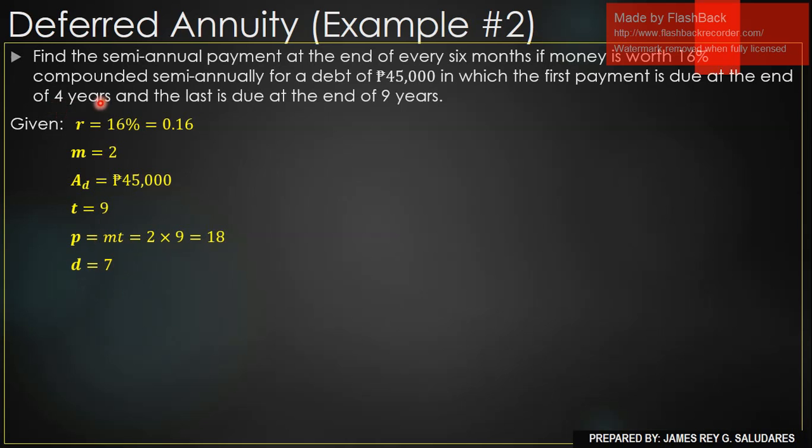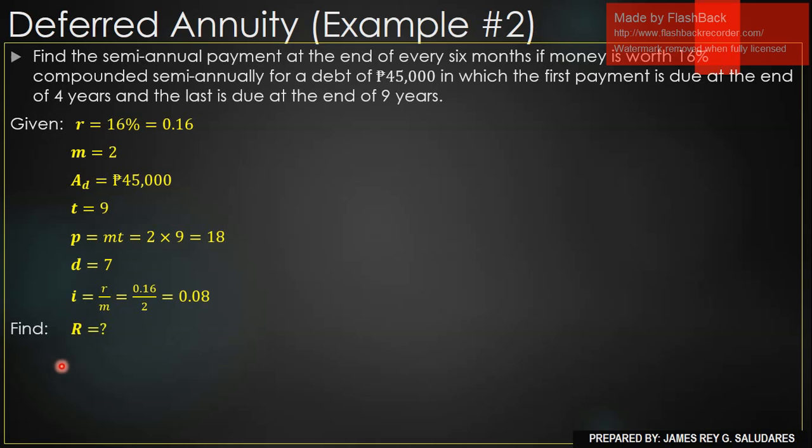The second semi-annual period, which is at the end of the 4th year, you already pay, so that is not to be counted. So 6 plus 1, there are only 7 deferred periods. Your i is r over m, so 0.16 divided by 2 is 0.08.